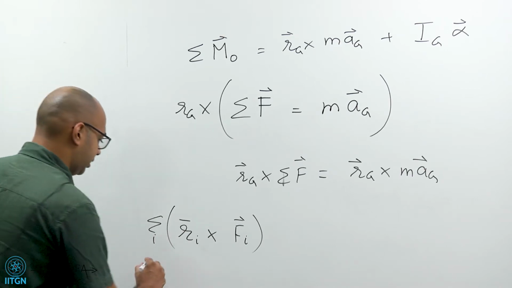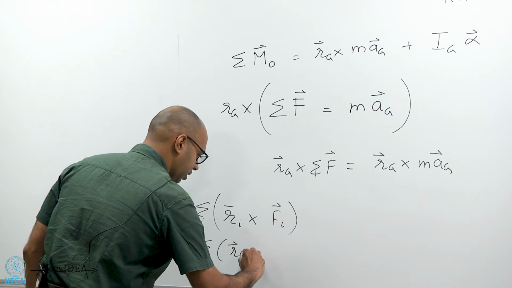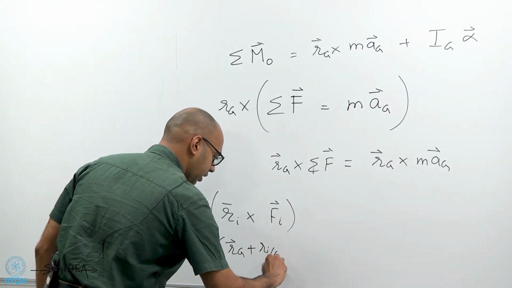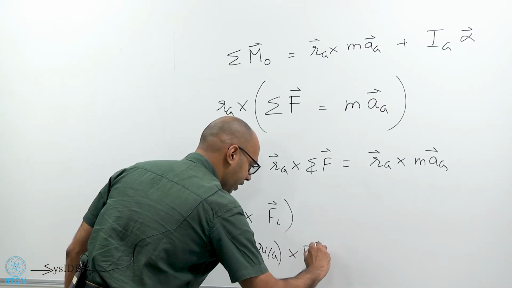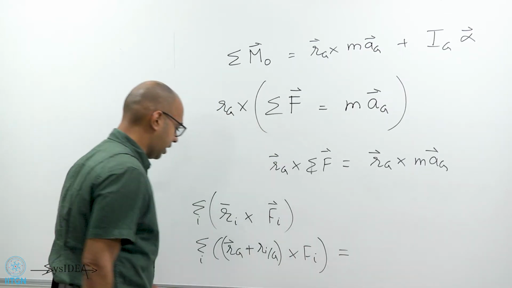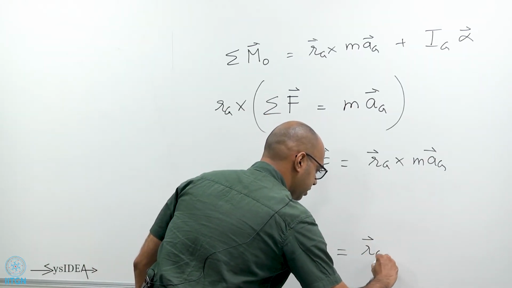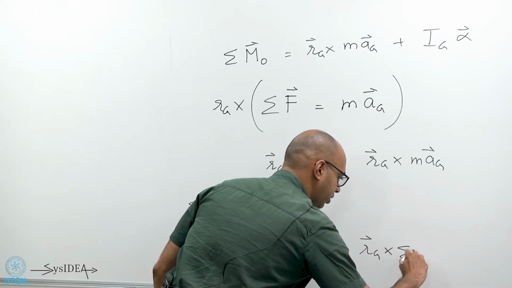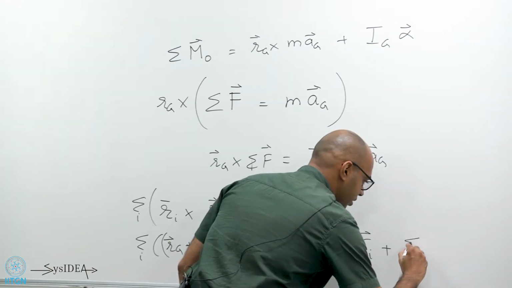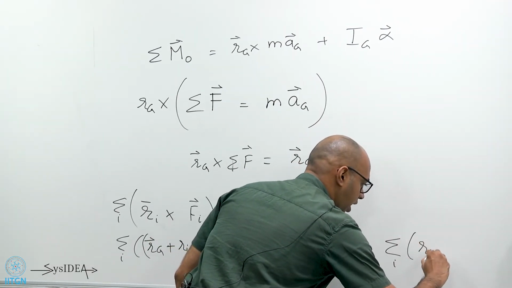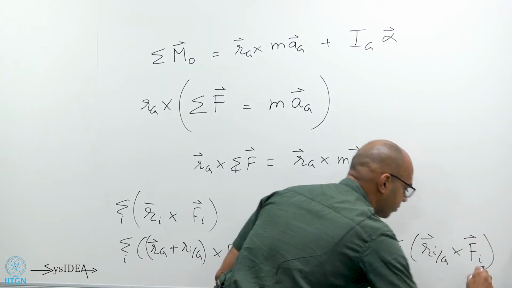And I can write this as sum over i of (Rg plus Rig) cross with Fi, and that I can write as Rg cross with sum over i Fi, plus sum over i Rig cross with Fi.